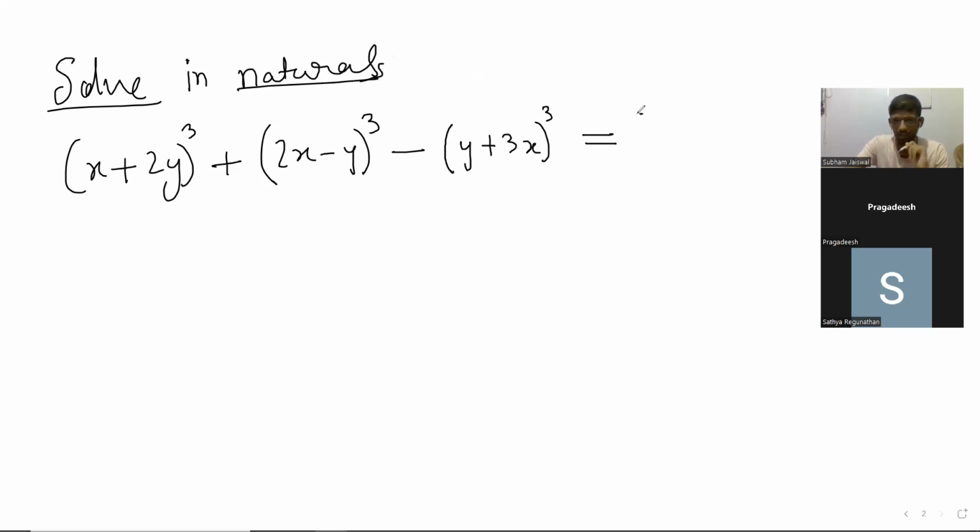No, anyways, let's try this. So x and y are natural numbers. Maybe I should put m and n. It doesn't matter, but we are used to, you know.